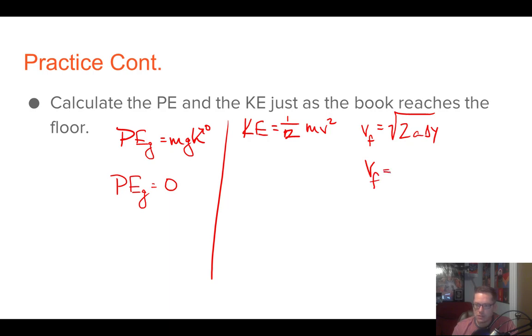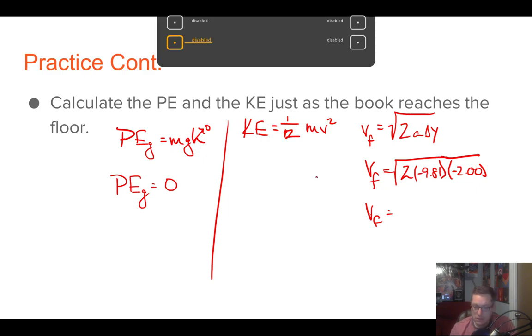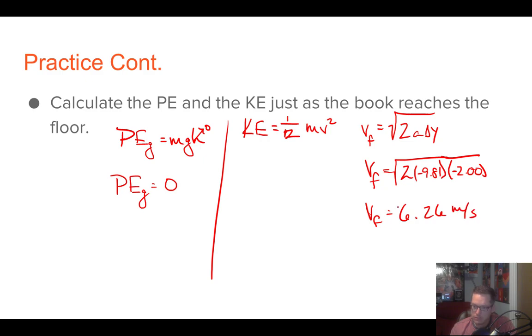So velocity final is the square root of 2 times negative 9.81 times negative 2.00, and we get 6.26 meters per second.